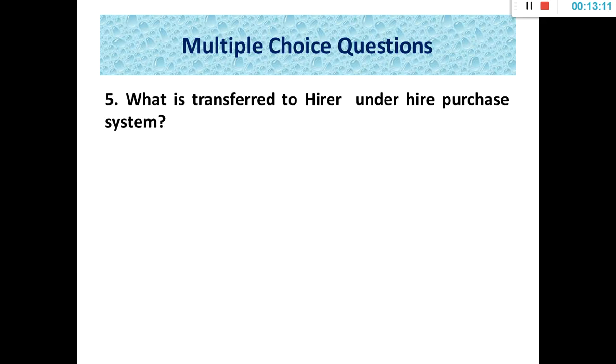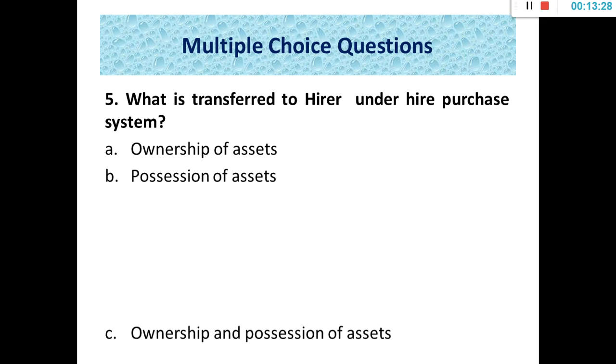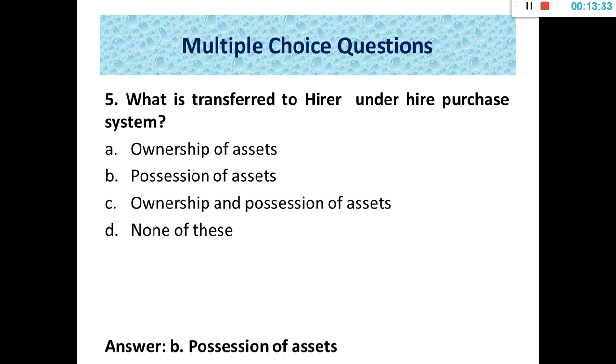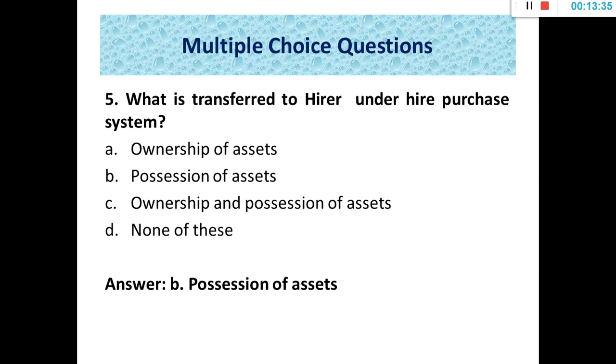Next question: what is transferred to the hirer under hire purchase system? The question should be slightly extended: during the down payment or at the initial stage, because I'll explain why. The options are ownership of the asset, possession of the assets, ownership and possession of the assets, or none of these. The answer is possession of the assets.